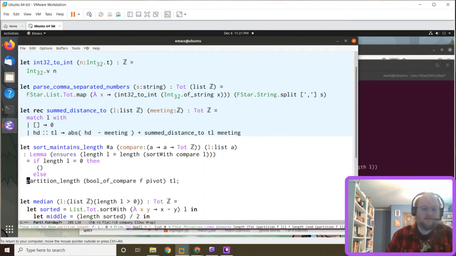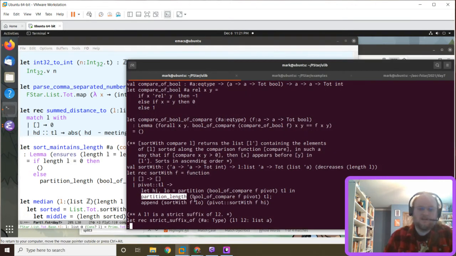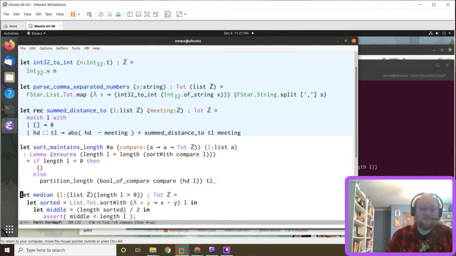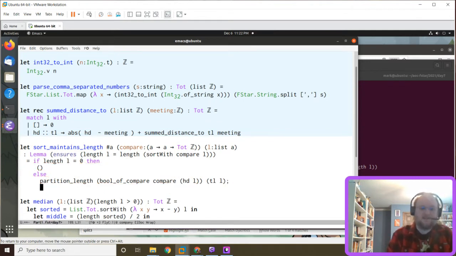That's compare. Pivot is head L. Tail. Is that, oops. Is that enough? No.